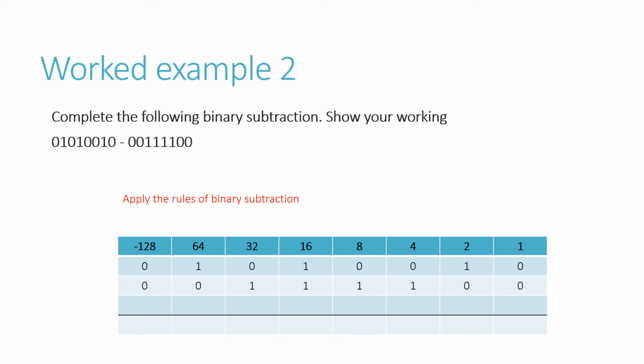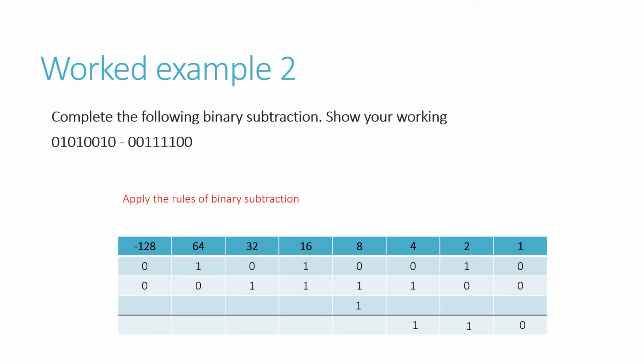So apply the rules of binary subtraction, starting with the least significant column. 0 minus 0 is 0, 1 minus 0 is 1, 0 minus 1, that's the minus result, so we get 1 and carry 1.